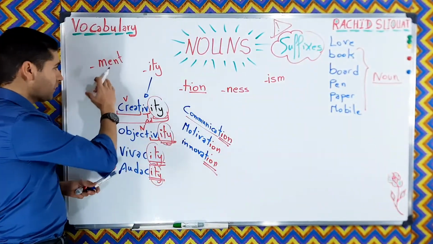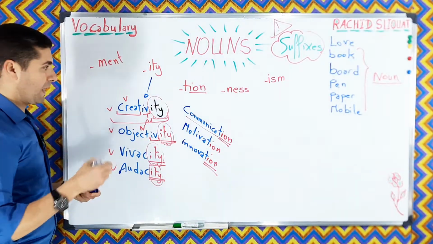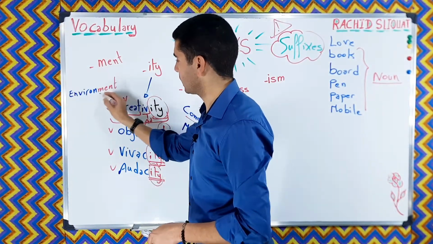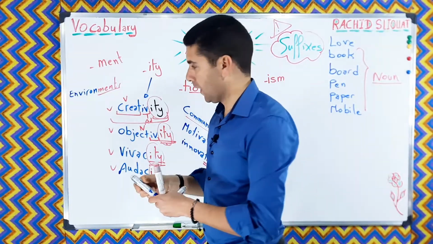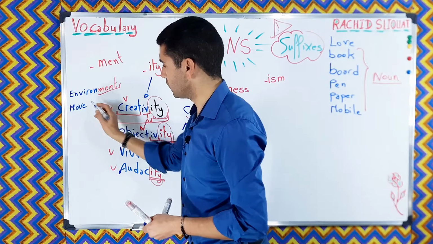All right, now let's go to ment. For example, we can find it in environment, which is a noun with ment. We can find it in movement, from the verb move.